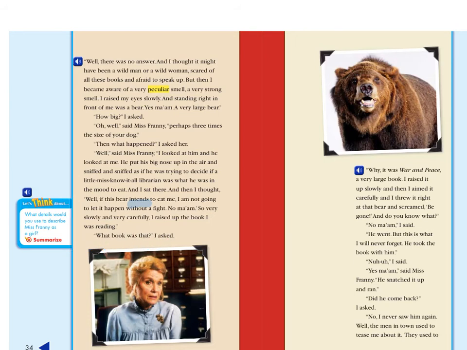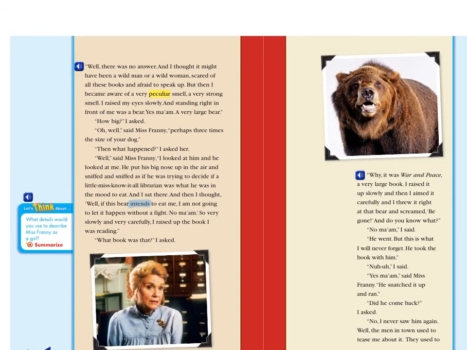Okay, before we continue going, you can see there's a photograph of Miss Franny describing this event in her life, and I like that the author gave me that to help build my understanding of what's happening between these two characters. So I'm noticing there's a challenging word that I can break down. I'm noticing this word that's highlighted in blue, and it's the word intends. And I think the author gave me clues, if I take the time to use them, that I can use to figure out what it means.